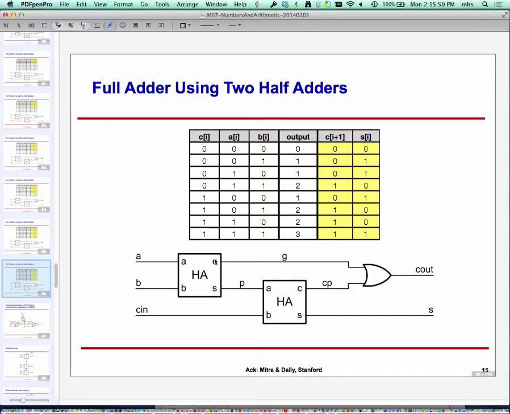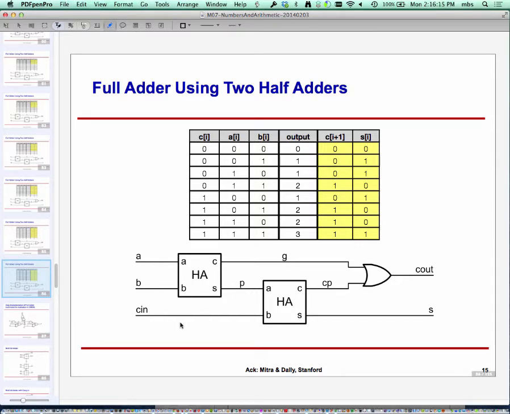I mean, our output was a 2-bit number, carry was the more significant bit, and sum was the less significant bit. So when I added A and B using this half adder, I have this value P, which represents a bit for the units position. And G represents the bit for the twos position. I still have one more bit remaining, which is still at the units position.